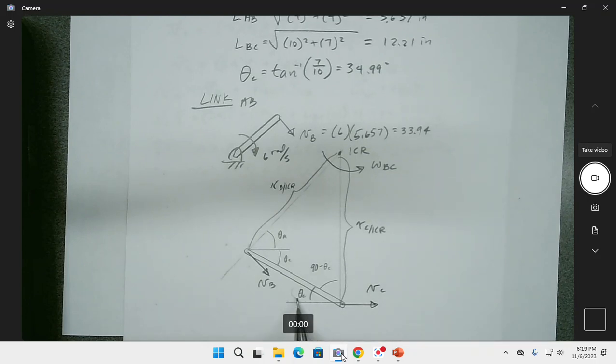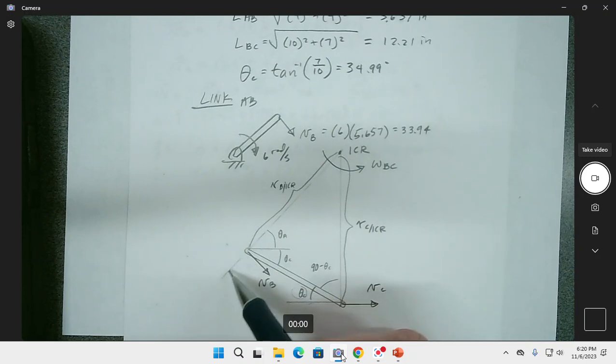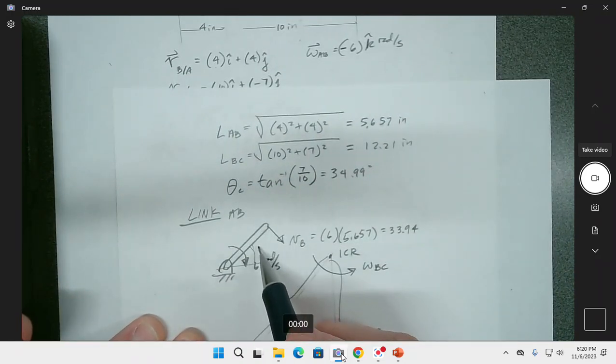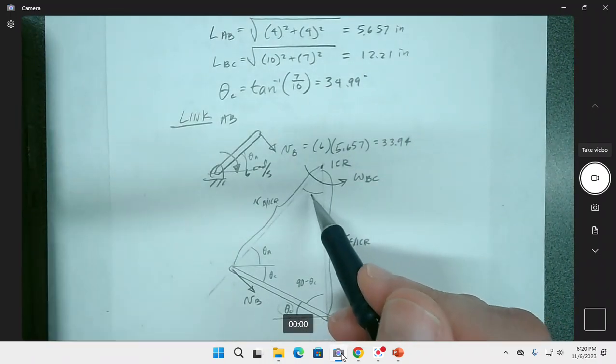This is an angle we found, and we know that this is 90 degrees, so we subtract it from 90. Here is also that same angle right there, because this is a line that's going across perpendicular lines. And then this one right here is just an extension of this angle right here, which was theta A, 45 degrees. We need this angle up here.